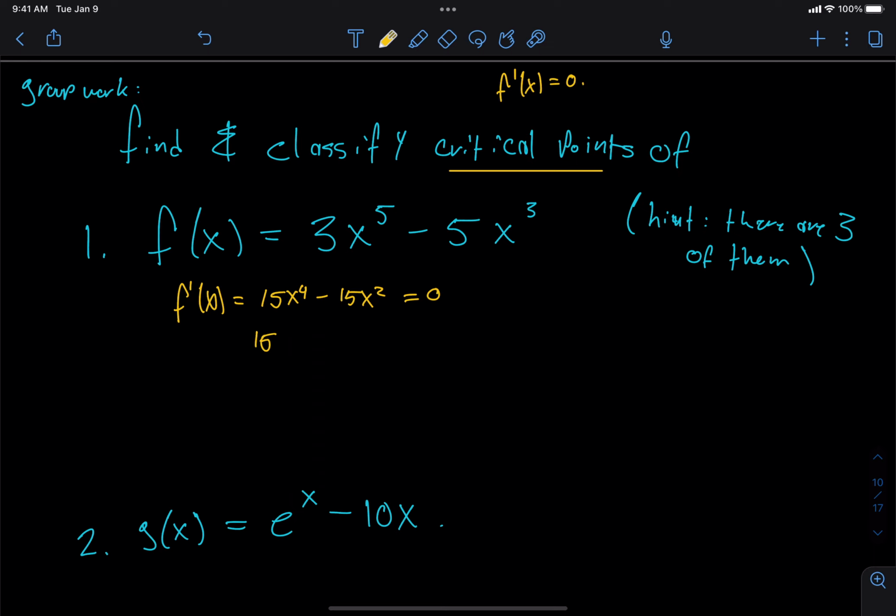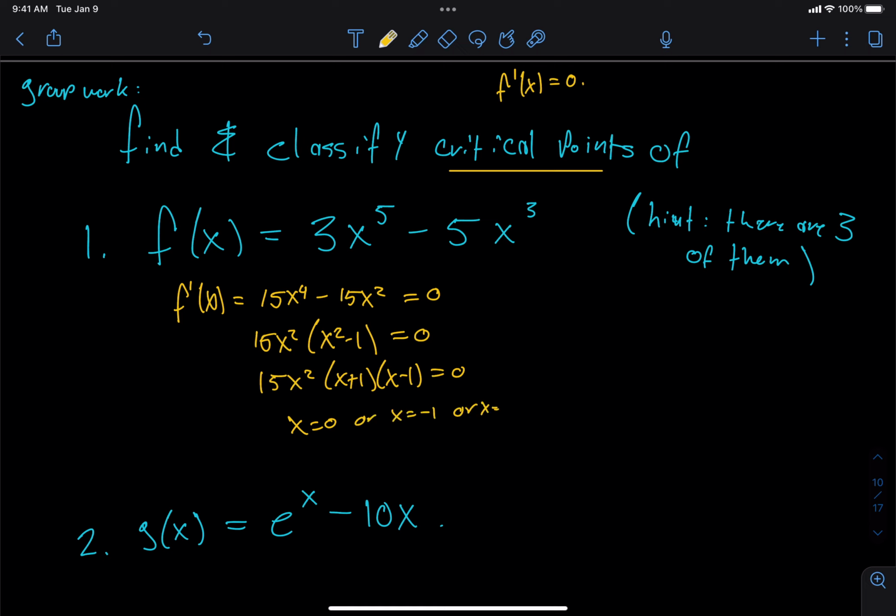By factoring, I get 15x squared times x squared minus 1 equals 0, and 15x squared times x plus 1 times x minus 1 equals 0. So that's just factoring. We have a product of three numbers, and we get 0. That means one of them has to be 0. So x equals 0, that would make 15x squared 0, or x equals -1, or x equals +1. That would make the other two 0.